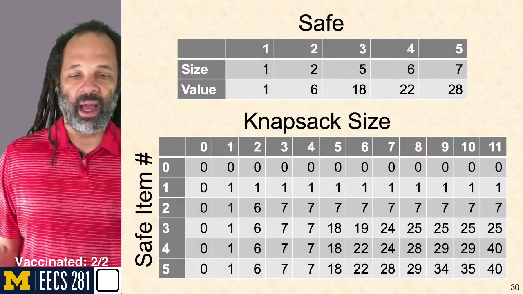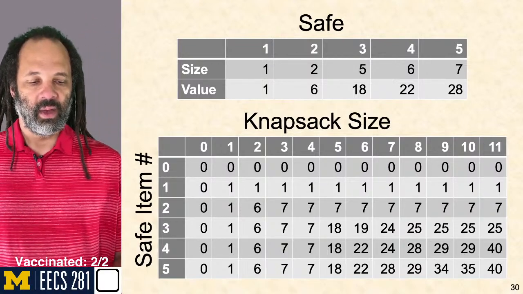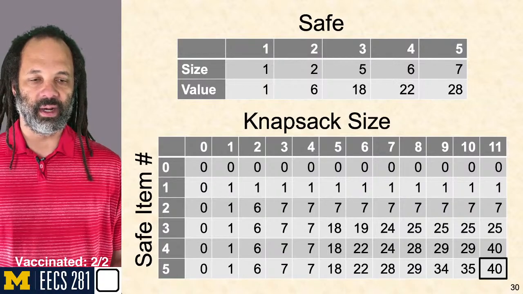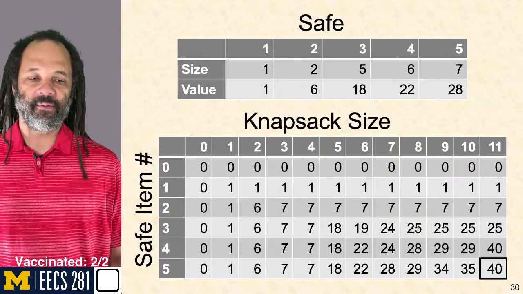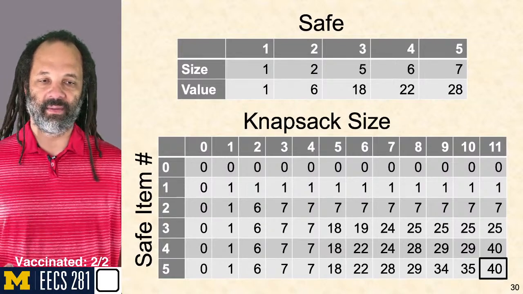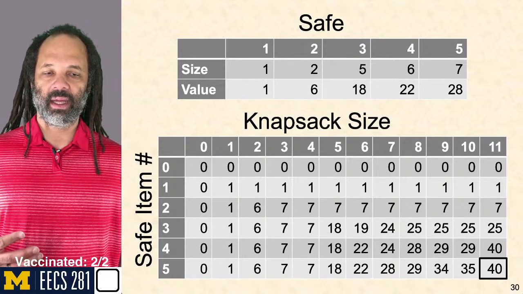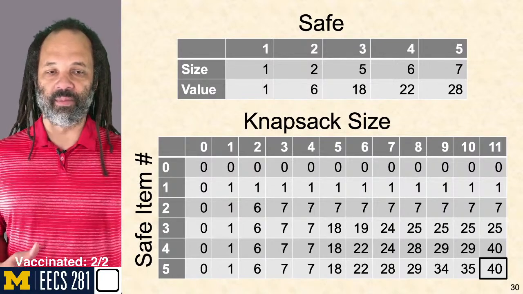With this being our completed memo, we see that, well, what's going on at this 40 here? Well, the 40, if we included the number 5 item, would mean that its 28 improved a previous solution.